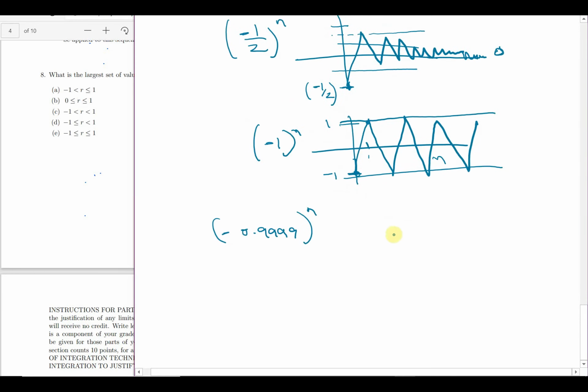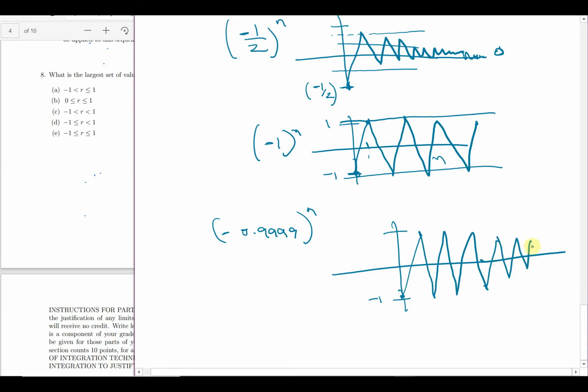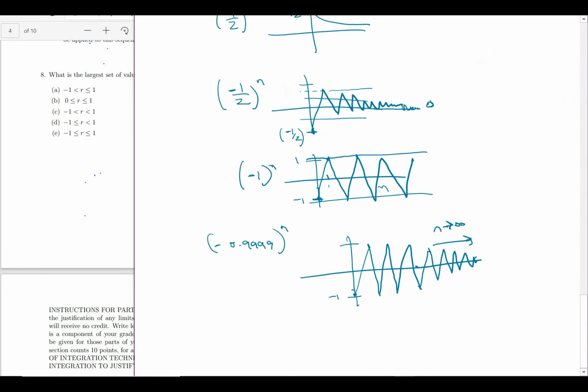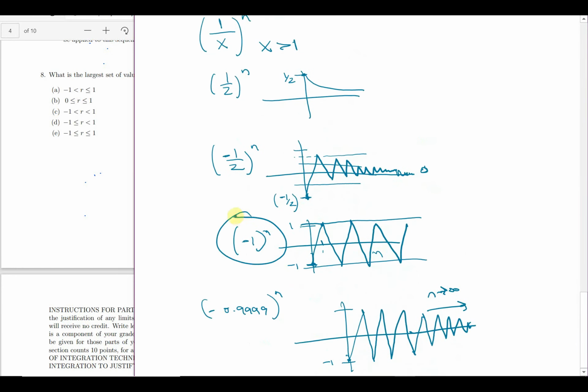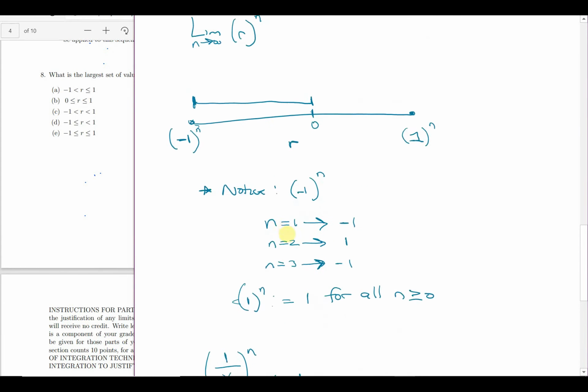It may seem like you start at negative 1, get kind of close to that, and go here, but as you zoom in, it eventually goes smaller, and as n tends to infinity, it approaches 0. So the key thing here is we have to exclude negative 1. It's not included, but anything between will converge.